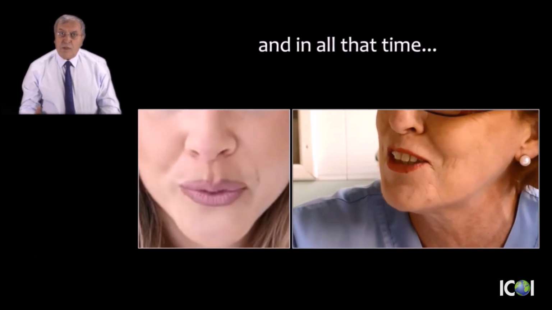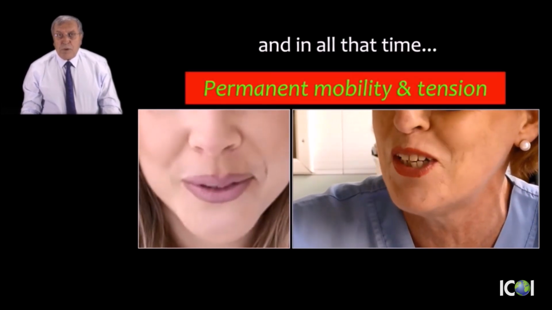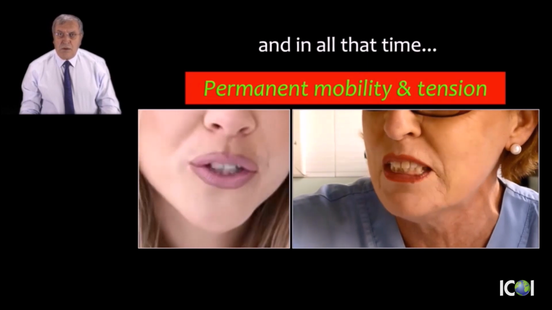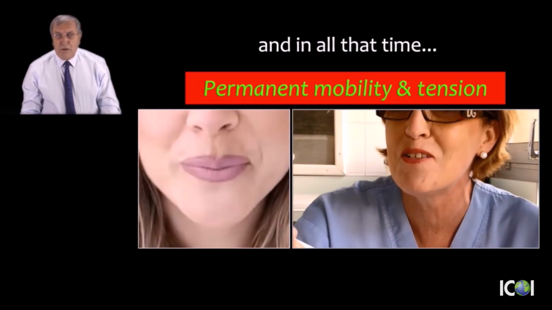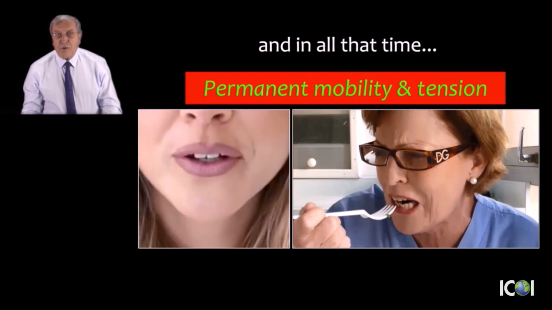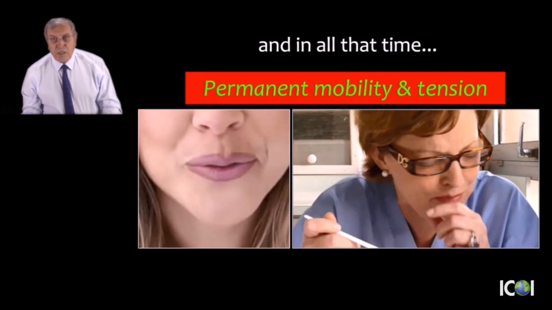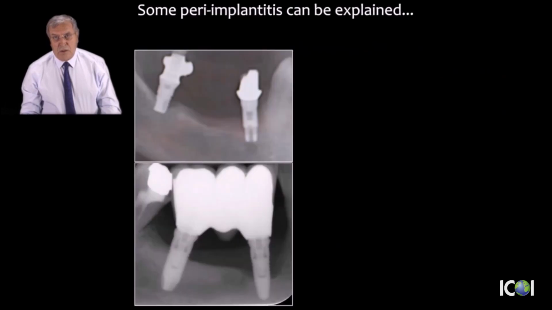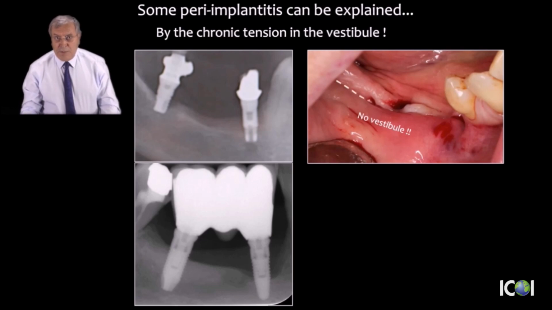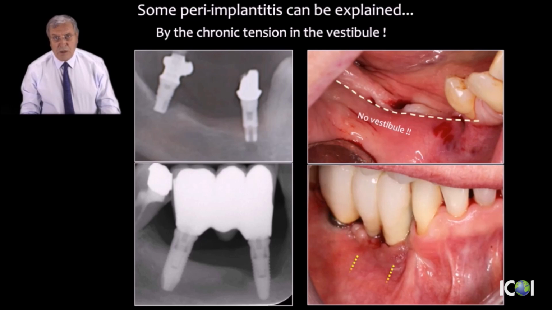And in all that time, the people are living, smiling, eating, scoffing. There is a permanent mobility and tension after many days and many weeks after the surgery. So we can explain now why we are meeting some peri-implantitis, because there is a chronic tension in the vestibule.